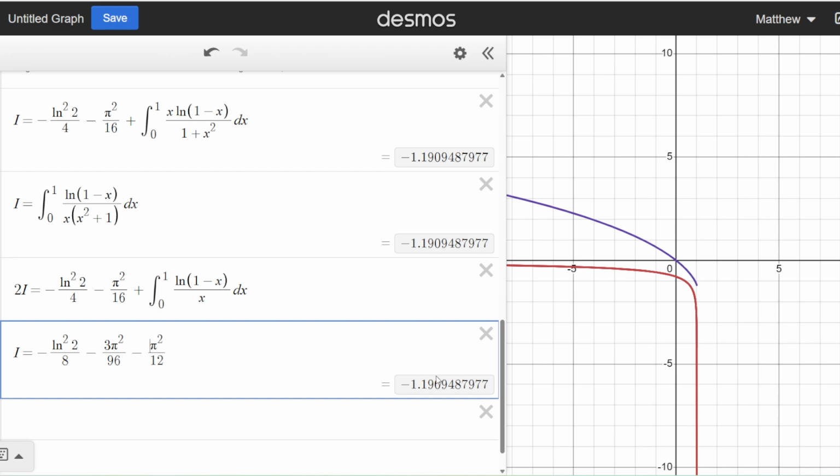And this would be 8 over 96. No, hold on. How many times does 12 go into 96? Yeah, 8 times. Okay, 8 over 96. So that is going to give us negative natural log squared of 2 divided by 8 minus 11 pi squared over 96.